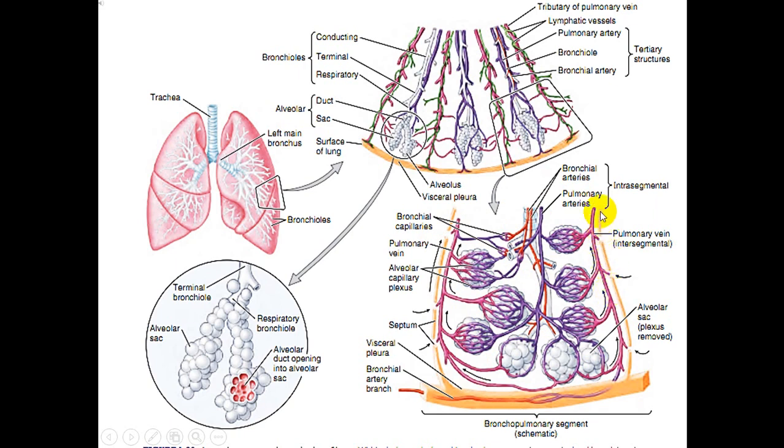So the typical characteristics of a bronchopulmonary segment are that it is pyramidal in shape with the apex towards the start of the tertiary bronchus and the base towards the superficial surface of the lung.